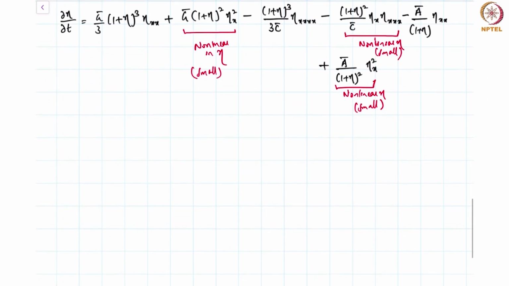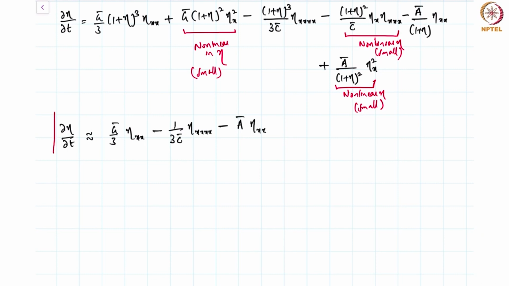So if I ignore these nonlinear terms in eta, what I now have is a simplified, linear equation, which is approximately g bar by 3, only the linear terms, eta xx, minus 1 by 3c bar, eta xxxx, and finally I have minus a bar eta xx.